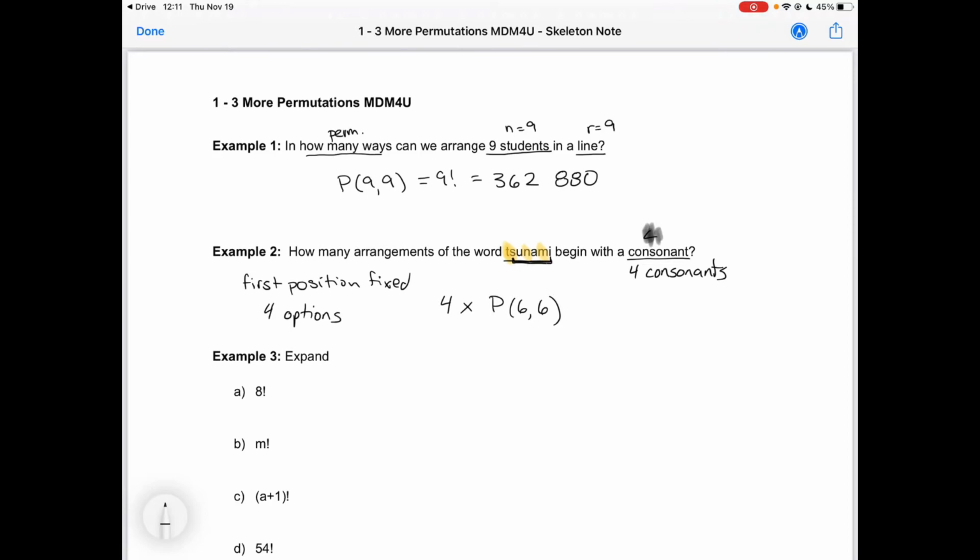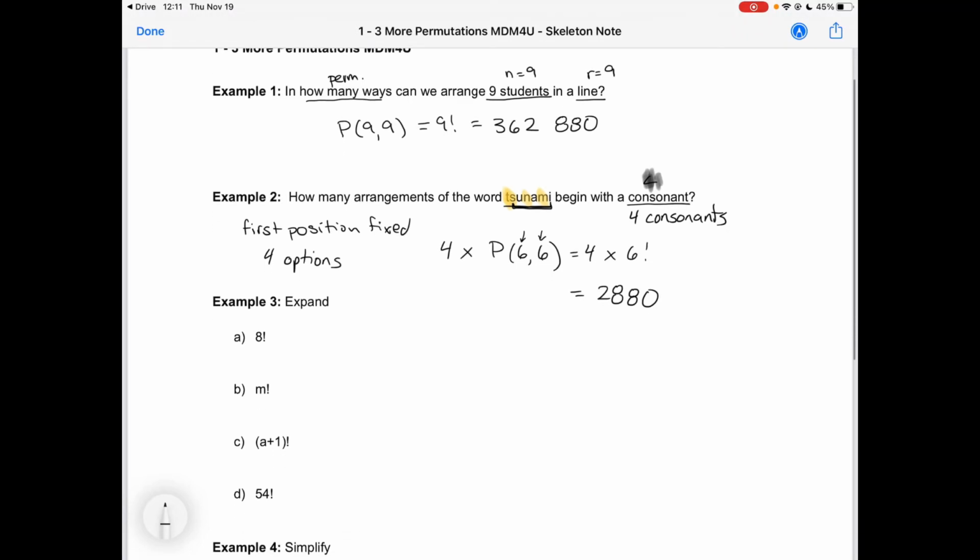It has to be a consonant. There are 4 possibilities for that. And then I'm going to arrange the other 6 letters in any way that I want to. It doesn't matter if it's a consonant or a vowel. So I've got 6 objects to choose from and a length of 6, the linear setup that I'm creating. So 4 times 6 factorial will give me 2,880 different arrangements of the word tsunami that begin with a consonant.